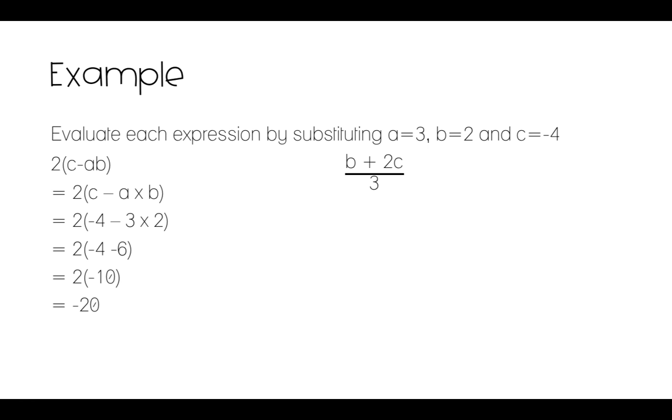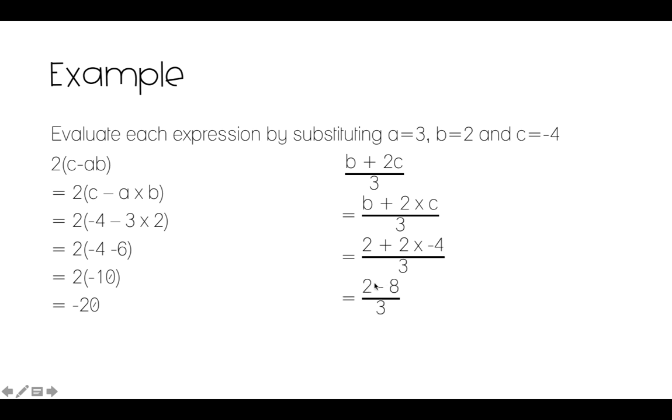Okay, b plus 2c over 3. So remembering we expand that to be b plus 2 times c over 3, which gives us 2 plus 2 times negative 4 over 3. Now we're going to do everything on top of our division first, so we're going to start with our multiplication.